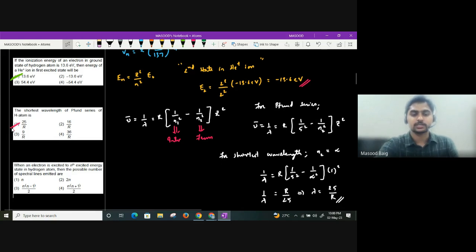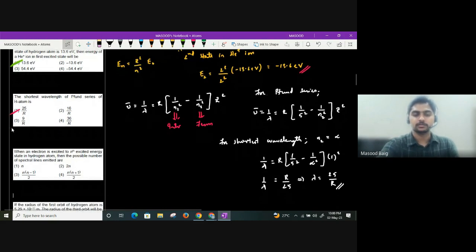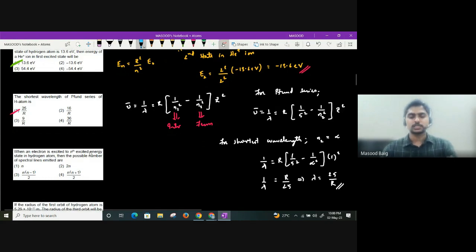An electron is excited to the nth excited energy state in a hydrogen atom. Then the number of spectral lines emitted will be from the ground state. The first excited state is the second state, no? So what is the nth excited state? Will the principal quantum number be n plus 1 here, guys?